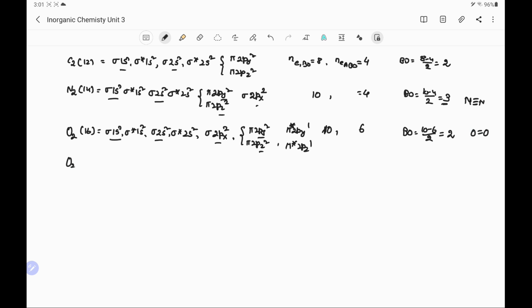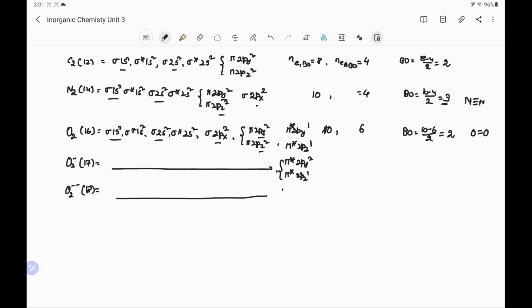For O2 minus, it will contain 17 electrons, and it will contain the same configuration as here. The only change is that it will contain pi star 2py2, the anti-bonding orbital, and then pi star 2pz1. Similarly, if we write O2 2 minus, then it has 18 electrons, and the configuration will be like this, and in the last it will have pi star 2py2, and the next electron comes into the next anti-bonding orbital, pi star 2pz2.